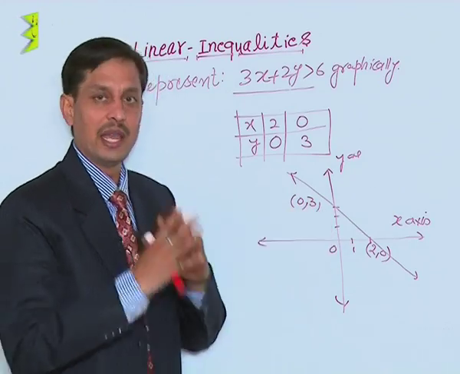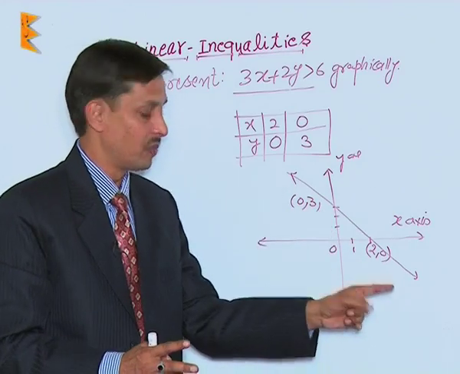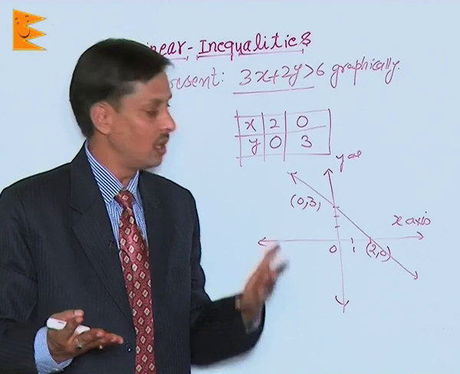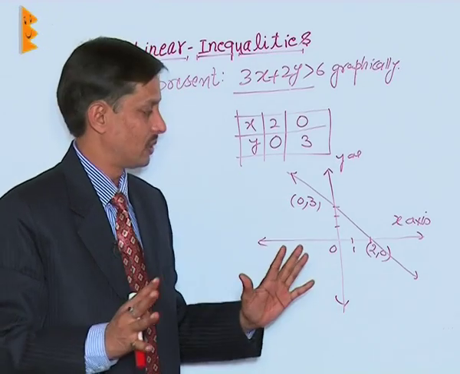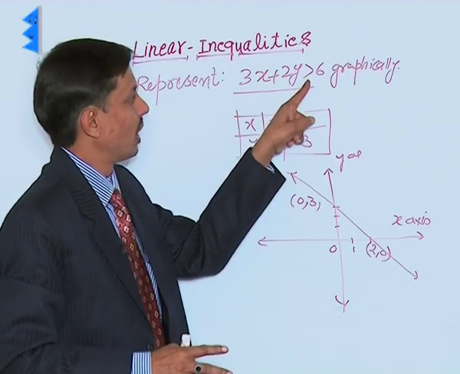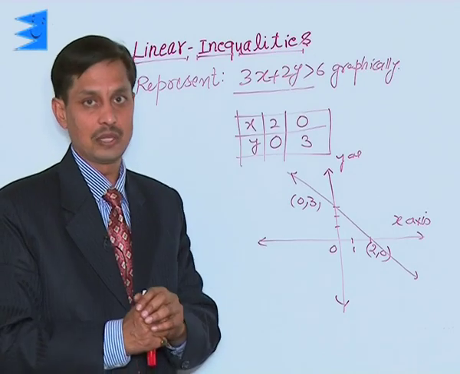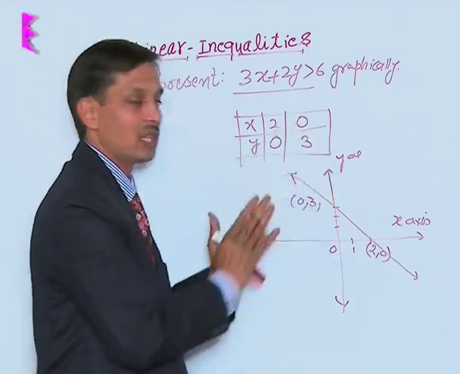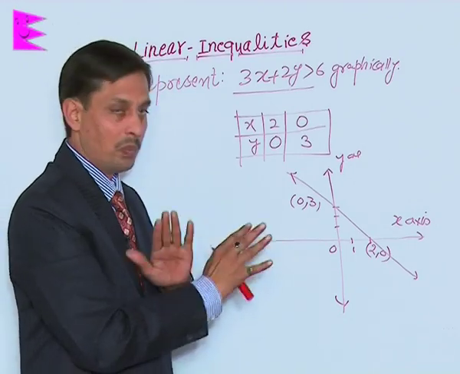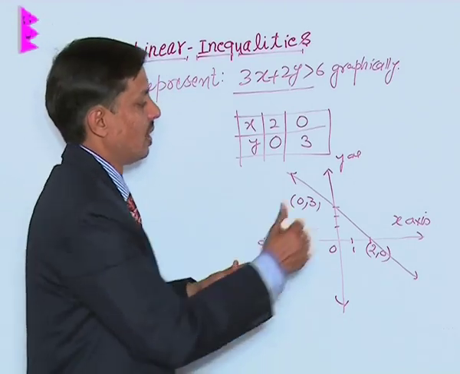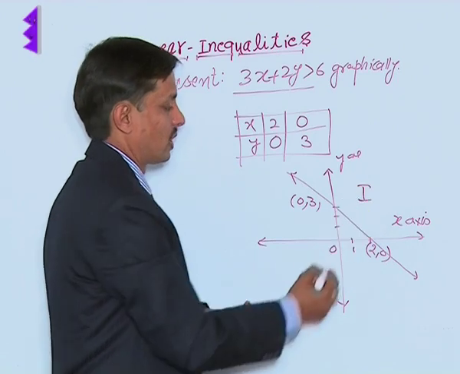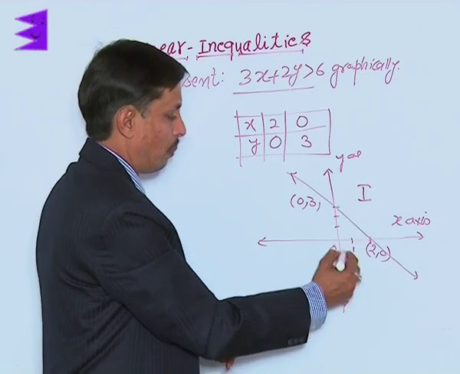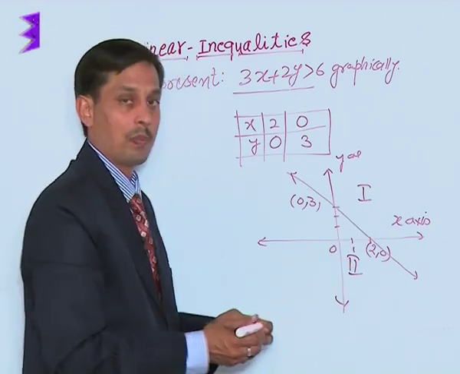So this xy plane is separated by this line, which was assumed as equality, into two halves. Now I want to tell you, as it is greater than 6, which side will be its solution set and which side will not. Suppose this is the first half of the plane and below it is the second half.